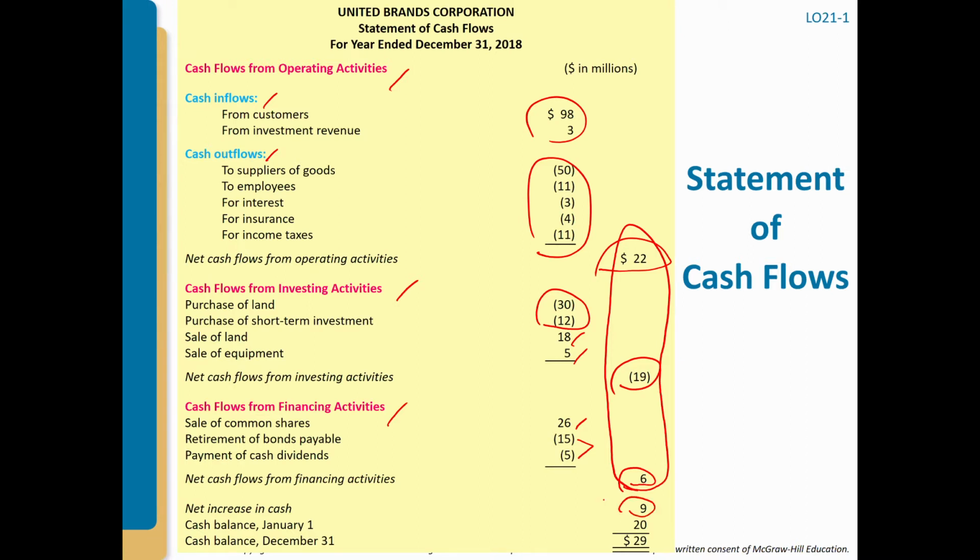Nine is a net increase in cash during this year. From the beginning of the year to the end of the year, the net increase is $9 million. If we have $20 million at the beginning of the year, then by the end of the year it should be $29 million. So this is the cash flow statement example.